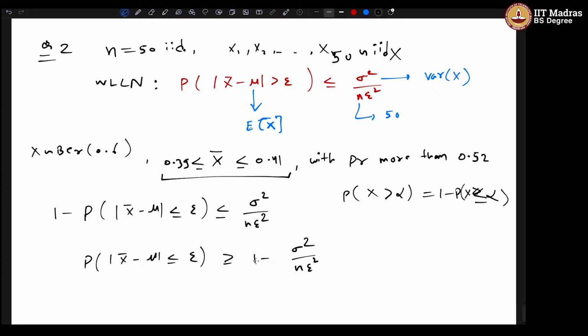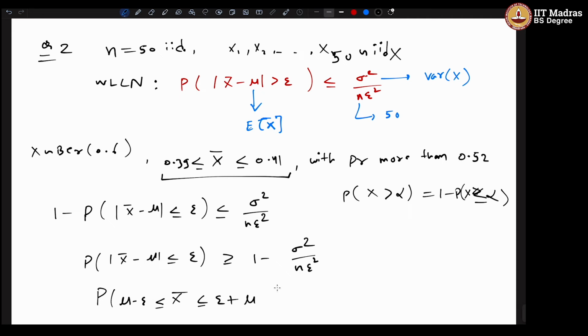Now our expression looks a little bit simpler. And now let's open this mod. So now our expression will become x bar less or equal epsilon plus mu, and greater or equal, this will become mu minus epsilon.